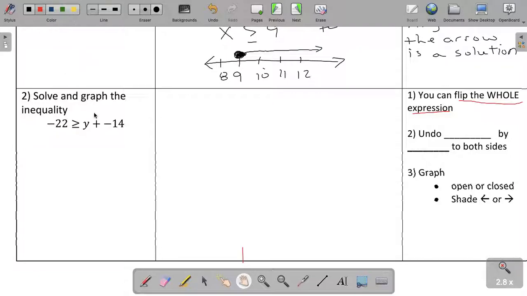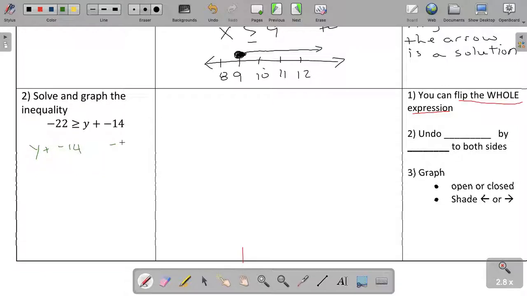What that means is we are going to write, come on here, my pen's not working again. Okay, we're going to write the y plus negative 14 over here, y plus negative 14.